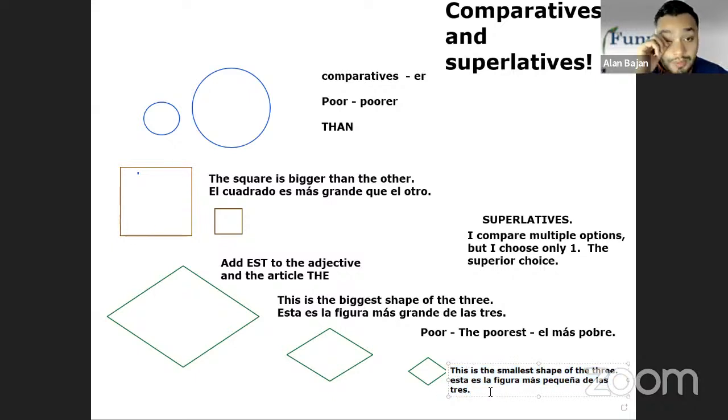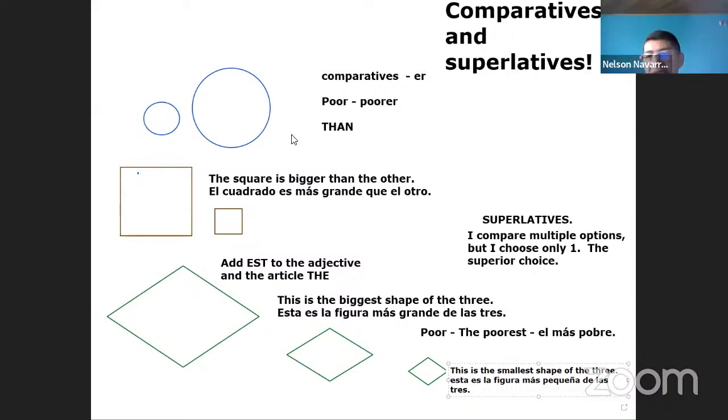However, in some contexts, in books, in magazines, we can find superlatives and comparatives without the connector than and without the article. And we will know that it's a comparison between two options if it's comparative, or the highest option, the best option if it's superlative.